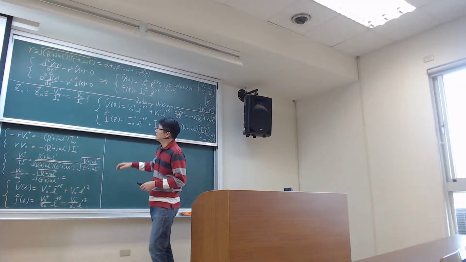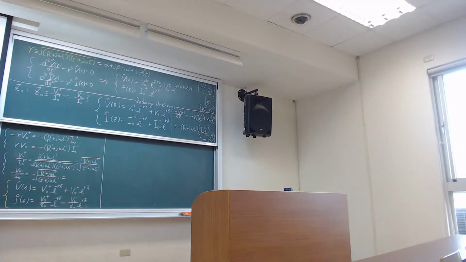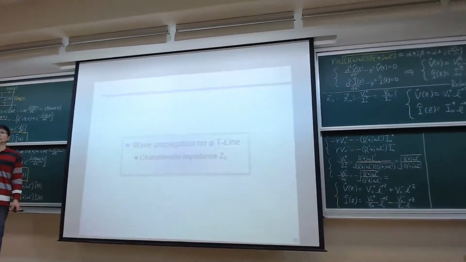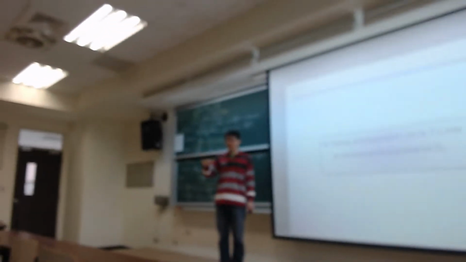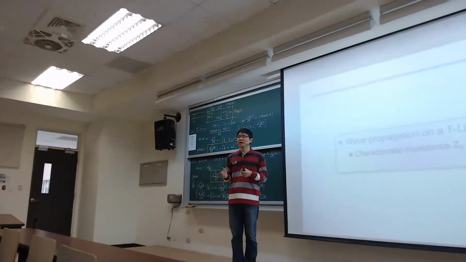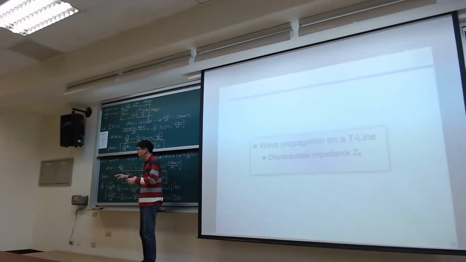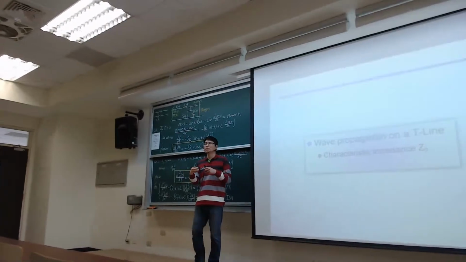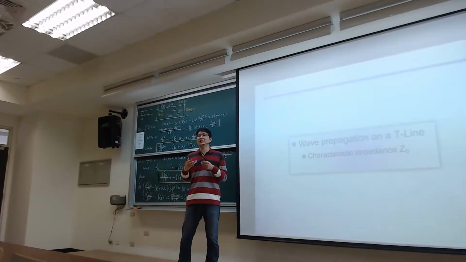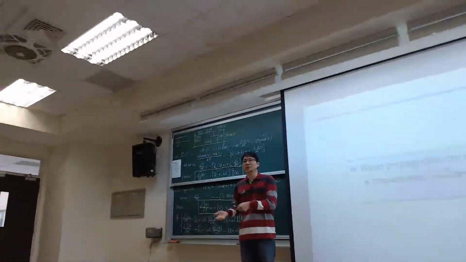I tend to use lowercase letters, like lowercase i, lowercase v, to represent the parameter in the time domain. But after I transform to the phasor representation into the frequency domain, I like to use capitalized letters and then add the hat to more pronouncedly state it's working in the frequency domain.